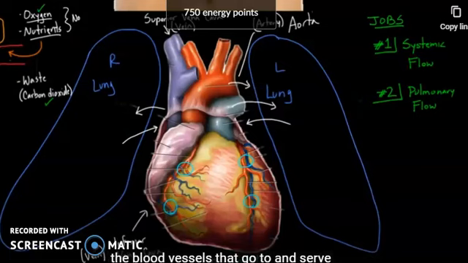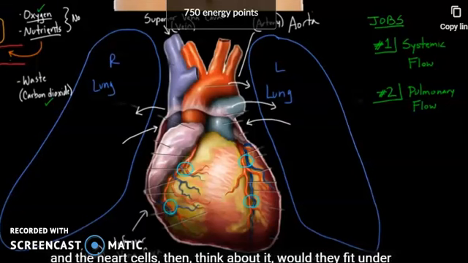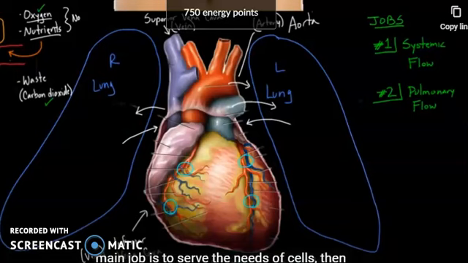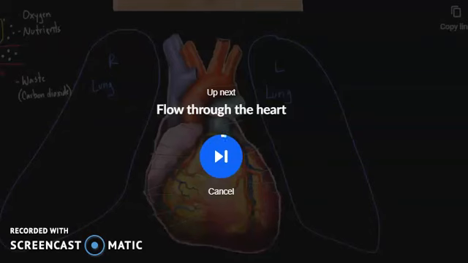So that is what the blood vessels are doing, and these are the ones that serve the heart. The coronary vessels fall under the systematic flow.